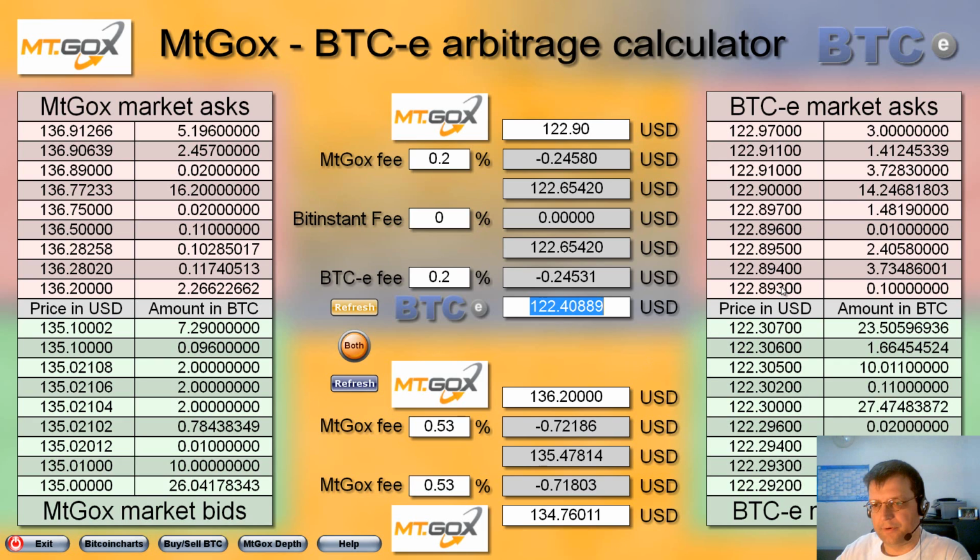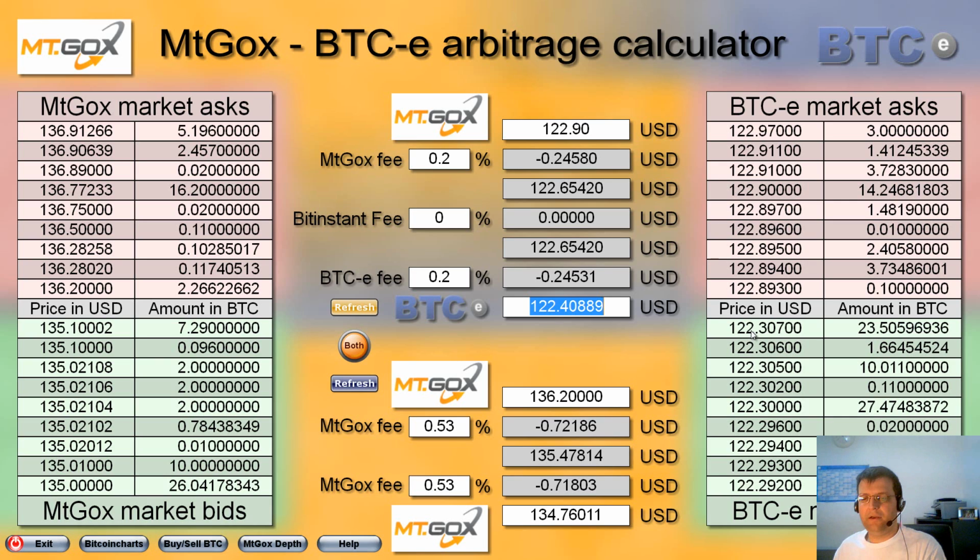So let's have a look at this example. This is roughly speaking 120 USD 90, and this is 120 USD and 30 cent. So if I sell 1 BTC at this level and buy it back at this level, I will make a profit of 10 cents.